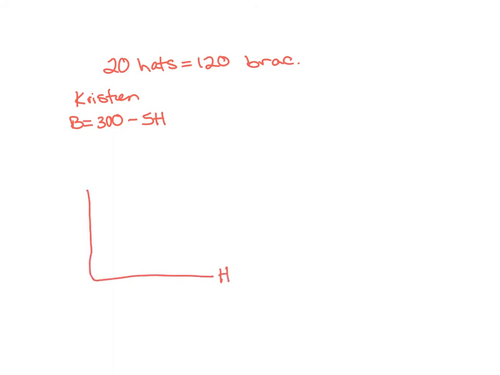We have hats, we have bracelets, up to 300 bracelets, up to 20 times 3 hats, so 60 hats. So that is her production possibility frontier in what we call autarky, which is a situation where there is no specialization or trade, and producers, or countries in this case, individuals, just produce on their own and don't interact with anyone else.